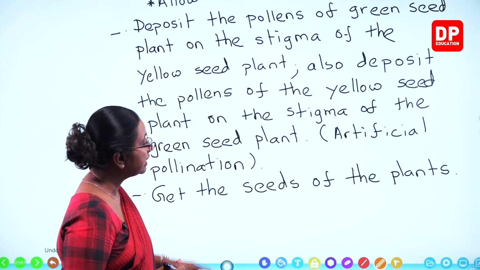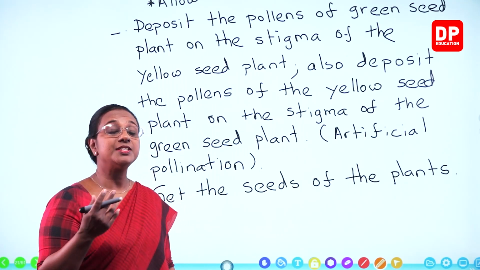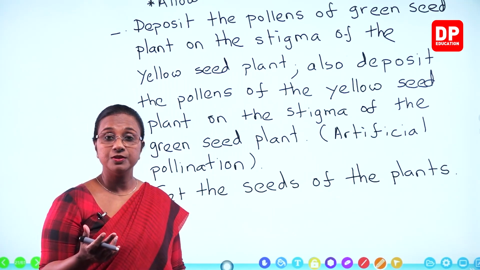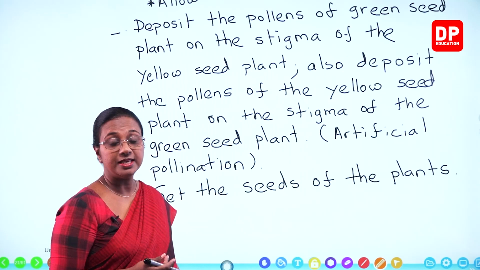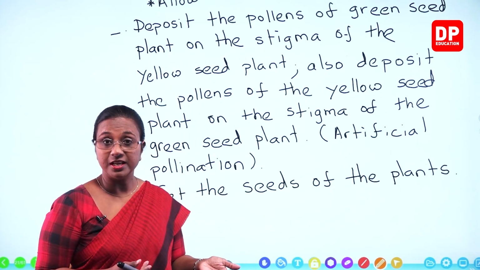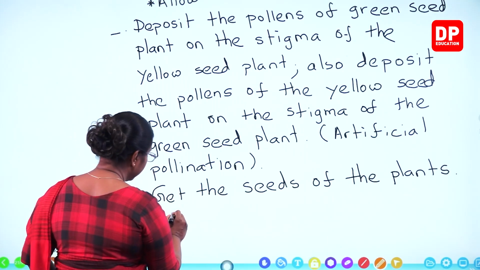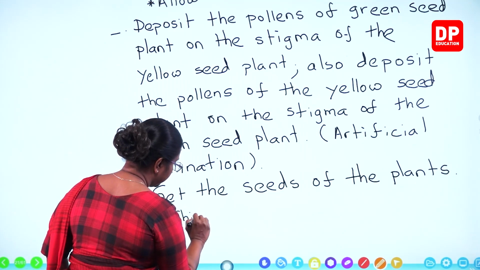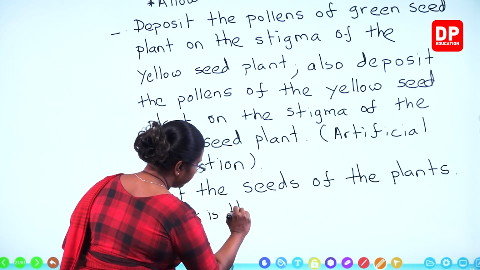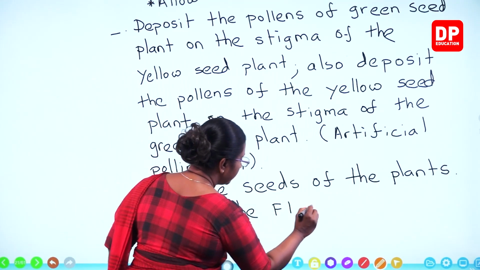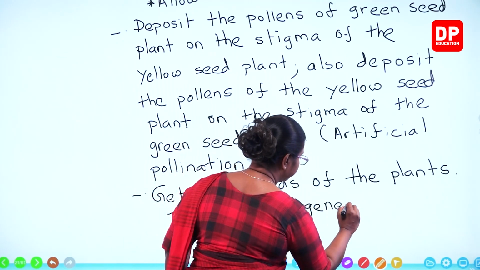So then we get the seeds of the plant. So we are checking for the color of the seed now. So now that you got the seeds, that is the first generation. So this will be the F1 generation.